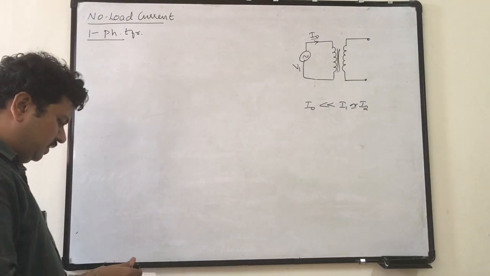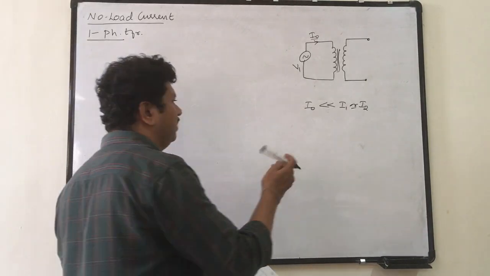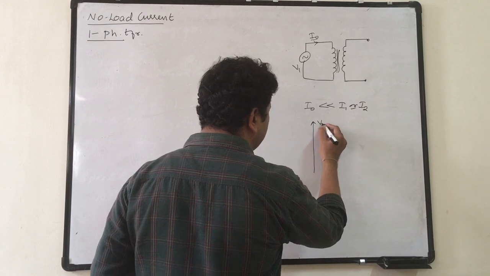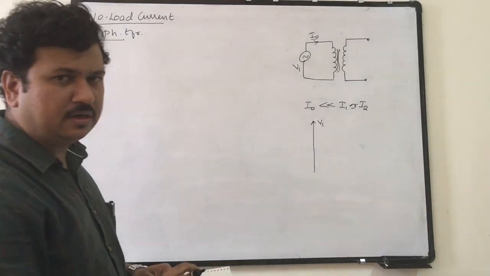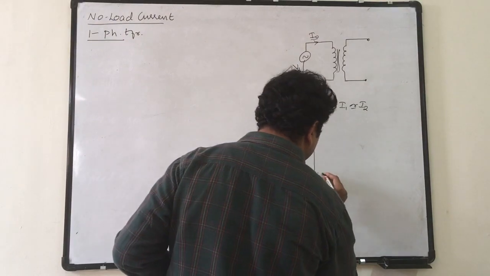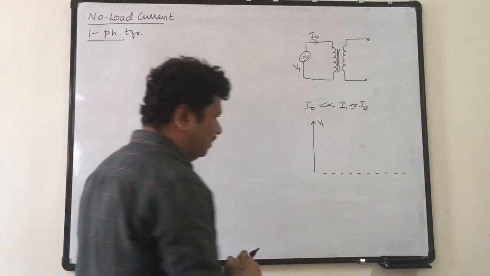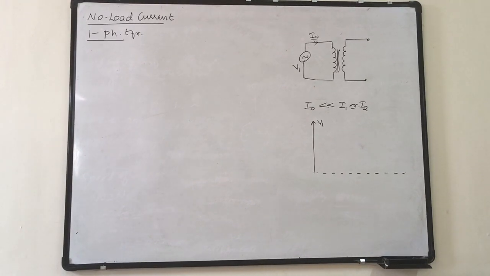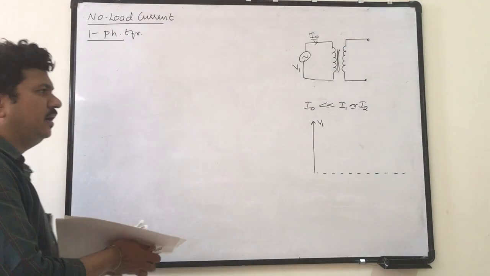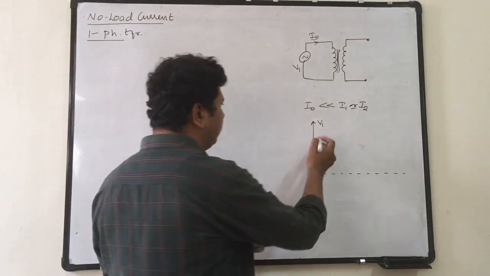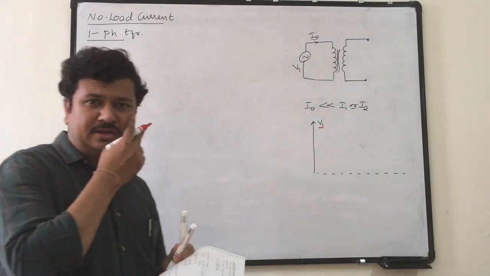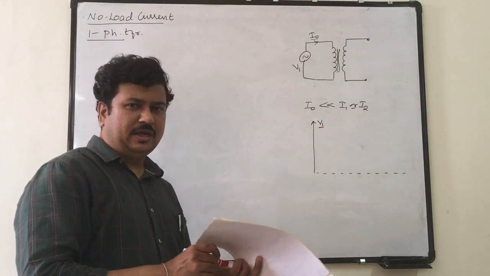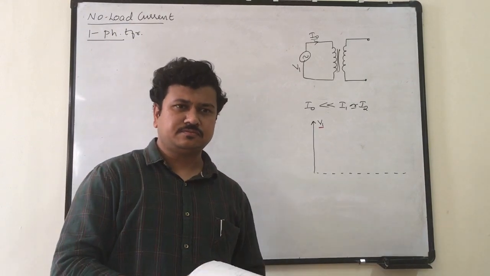When I connect the primary to the source, the supply voltage V1, the no load current I0 drawn from the source will be lagging behind the supply voltage V1 by an angle of nearly 90 degrees. Why? Because the winding of the transformer is made highly inductive and very least resistive.